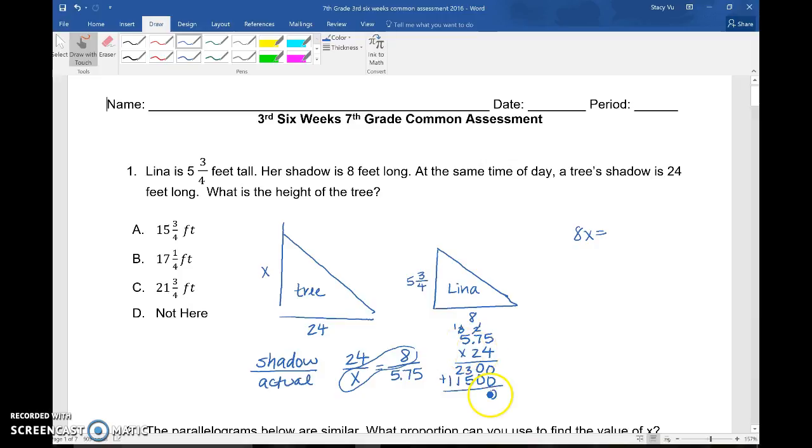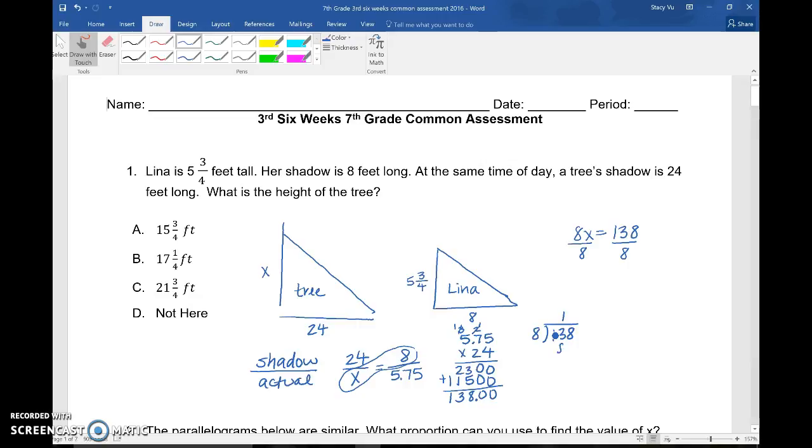Going to add them up. 0, 0, 8, 3, 1. 2 numbers to the right of the decimal. So I move my decimal 2 places. So 138. I know that I need to get x by itself by dividing by the number directly next to it. So I'm going to go ahead and do 138 divided by 8.